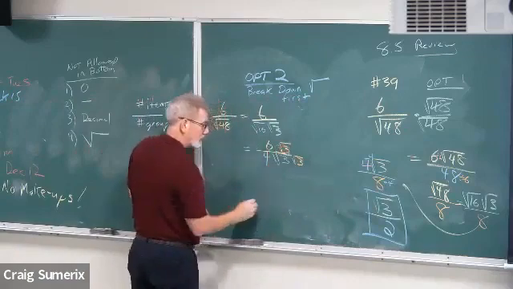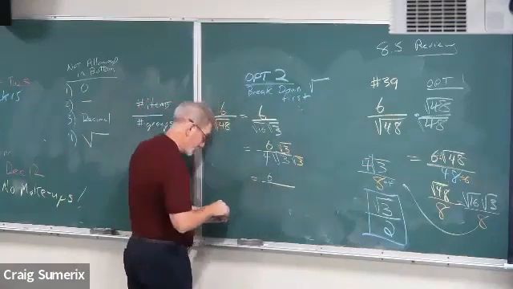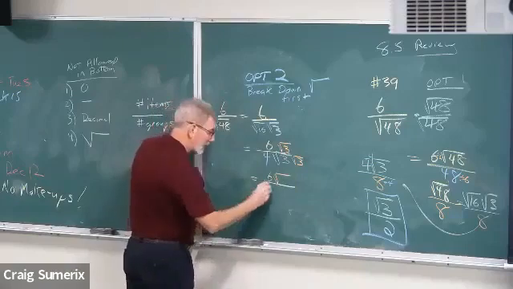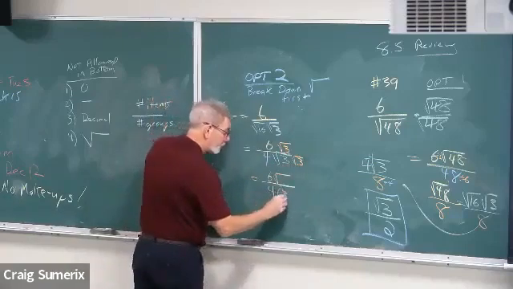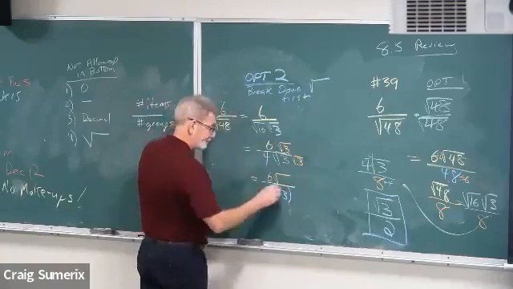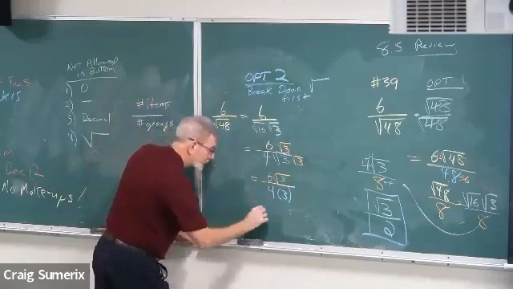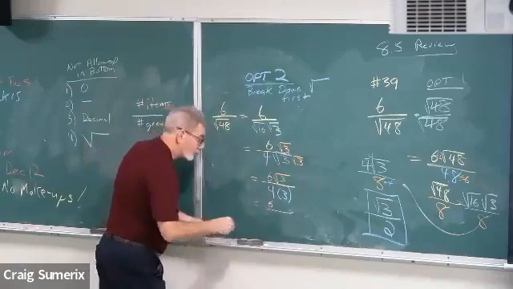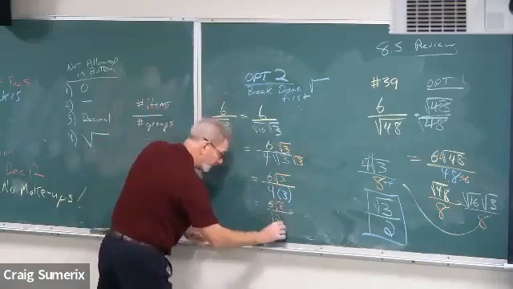So this is a shorter way. It's still going to have a lot of steps to it either way. But now on the bottom, I got 4 square root of 3 times the square root of 3 is 3. That's going to leave me 6 times the square root of 3 over 12.